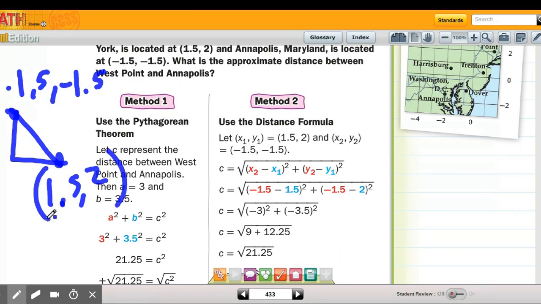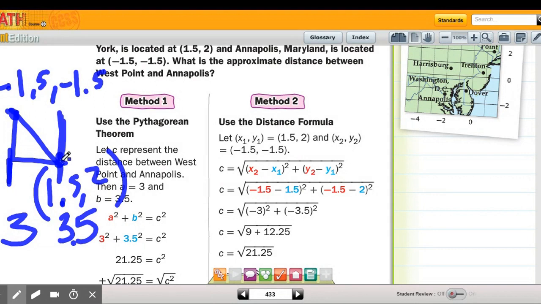And so, they're doing it the same way, and they're saying, okay, if I look at my x's, negative 1.5 to 1.5, I think that's a distance of 3 from here to here. And then, actually, with the way I've written it, it should go up. But if you're going from negative 1.5 to 2, that is a distance of 3.5 from here to there. So yeah, I know you'd have to draw it and label it the right way.